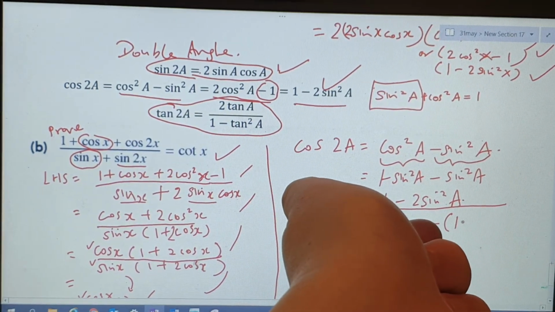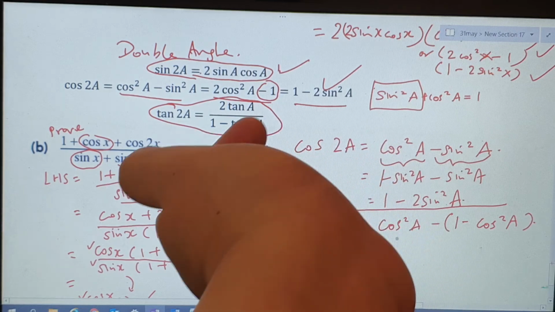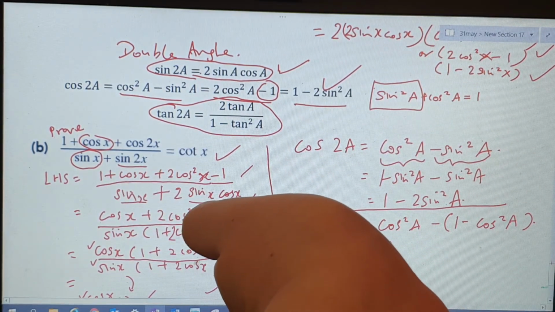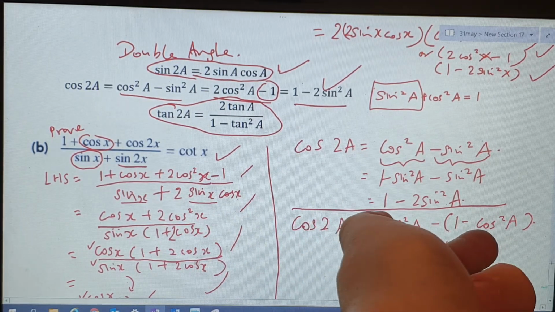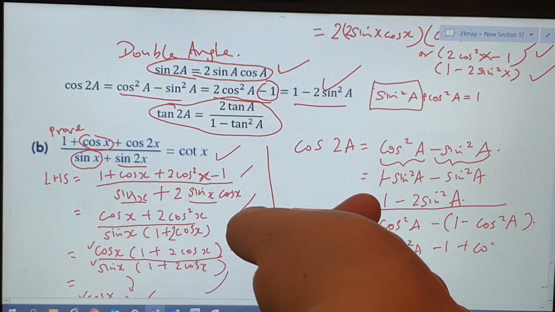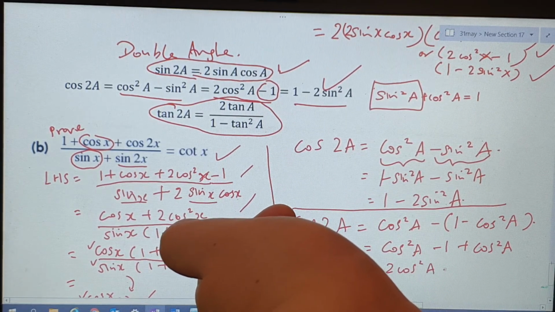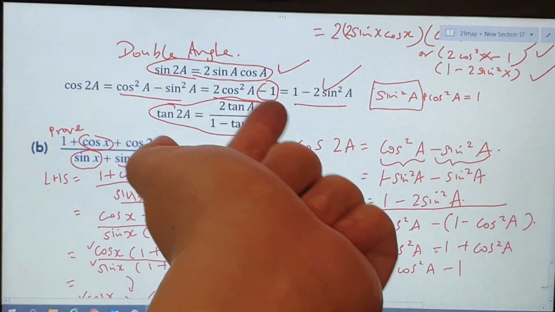If you don't put bracket, then wrong already. You must put 1 minus cos square A. Then you get this will be cos square A minus 1 plus. Minus times minus is plus. Then you get 2 cos square A minus 1. You see? Same.